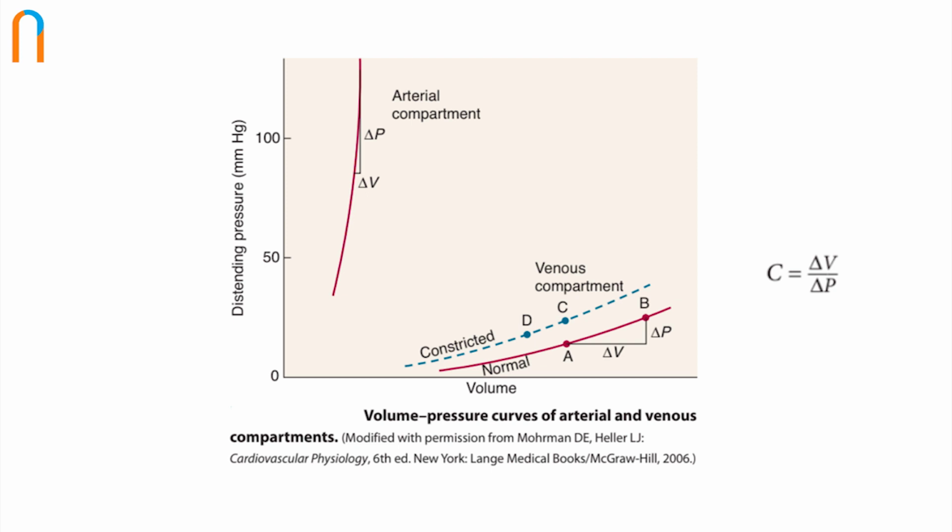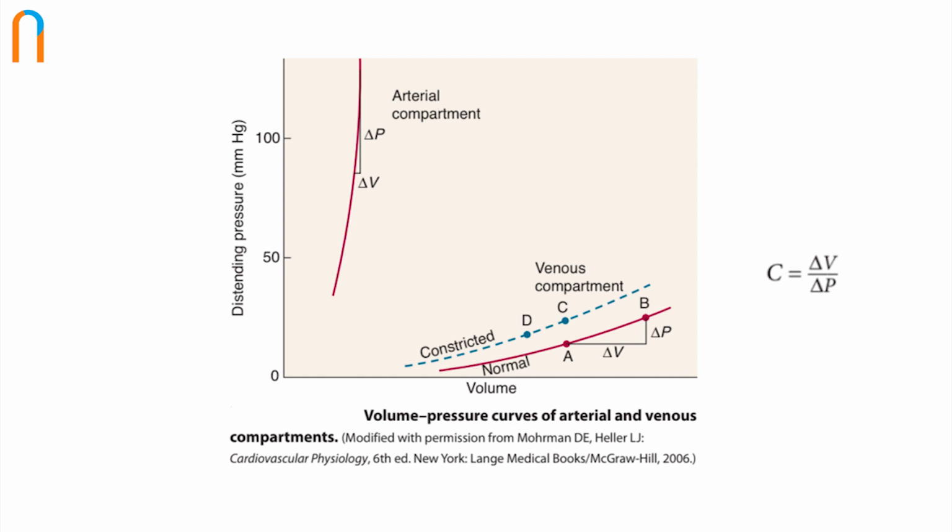Standing upright, for example, increases venous pressure in the lower extremities and promotes blood accumulation. Fortunately, this process can be counteracted by active venous contraction.